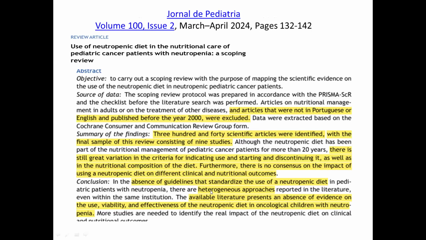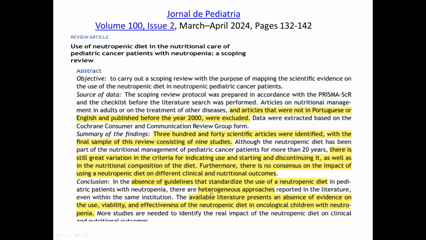They showed that there was still great variation in the criteria for indicating the use of neutropenic diet, and when to start it and when to discontinue it, and even the difference in composition. So there was no consensus on the type of neutropenic diet to introduce in such a scenario.